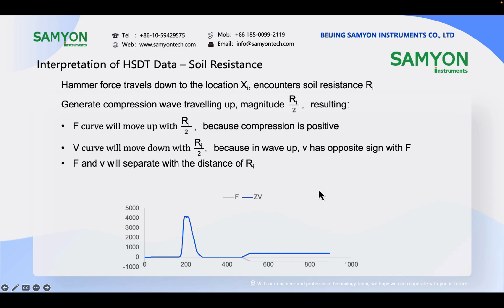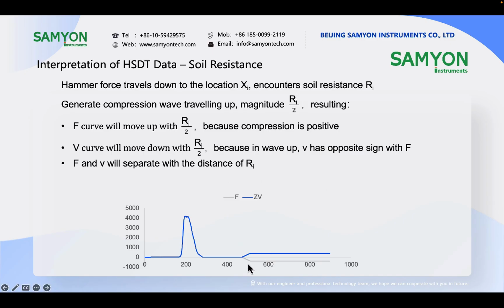And in wave up, we know that force and velocity have opposite sign. So the compression wave will generate a velocity with the sign of negative. And the magnitude is half Ri divided by Z. And on this plot, we multiply by Z again. So the magnitude is also half Ri.